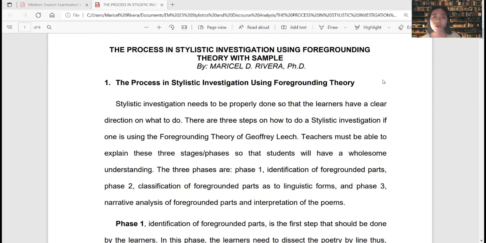When we say stylistics, we are going to deal with style, or we are going to look into or explore the style of the author, and we will conduct a systematic investigation, with our target outcome to be able to come up with an analysis, and at the same time an objective interpretation of the text.